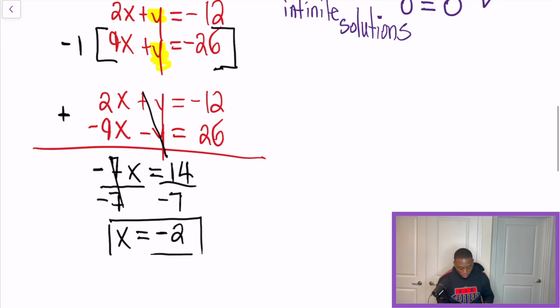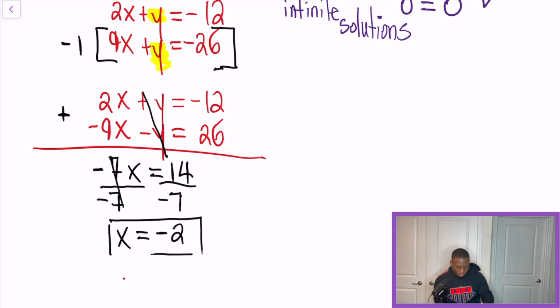So we'll scroll down a little bit more and let's just make some more space for this second part of the problem. And a very important tip, you could plug it into equation number 1 or 2. It doesn't matter which equation you use to solve for the other variable.